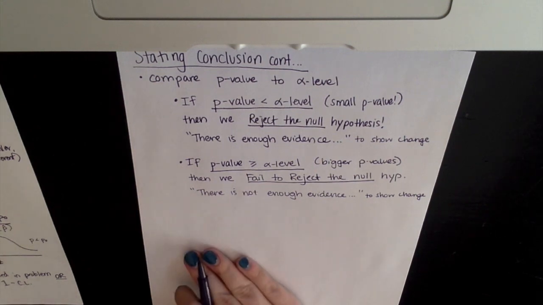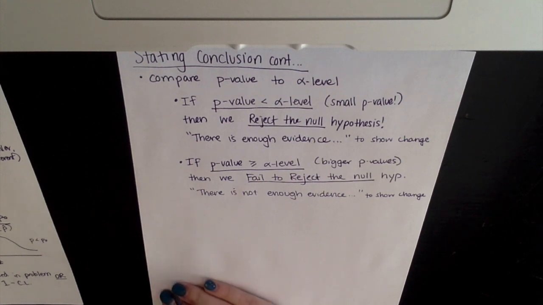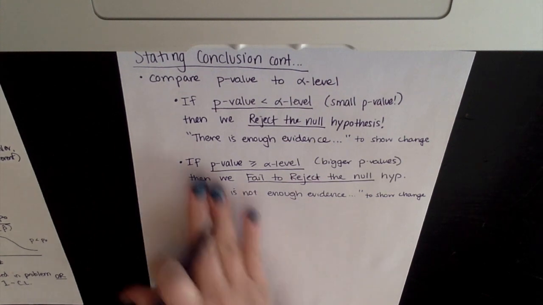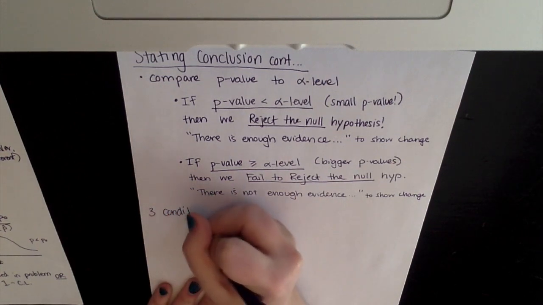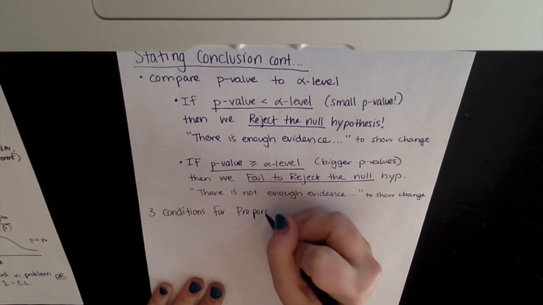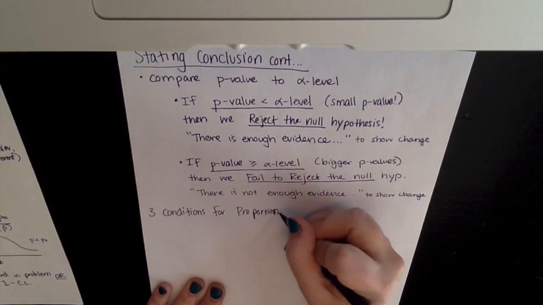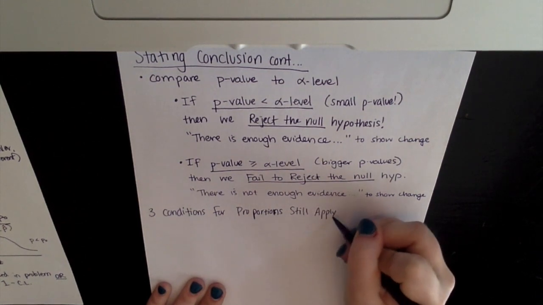I have one more thing I want to comment on, and it's just a comment that I don't ever change the conditions for proportions, and then I'll create a video with some examples. So the last thing I want to note is that the 3 conditions for proportions still apply.